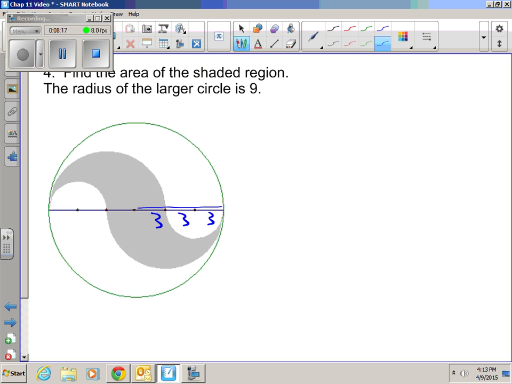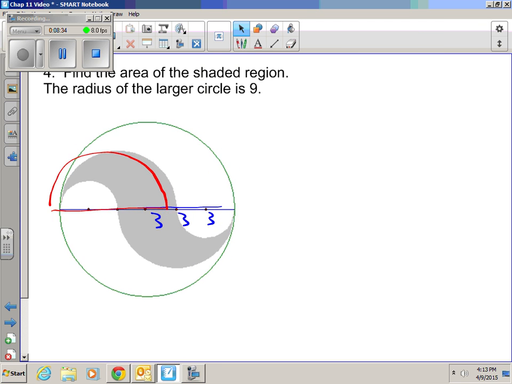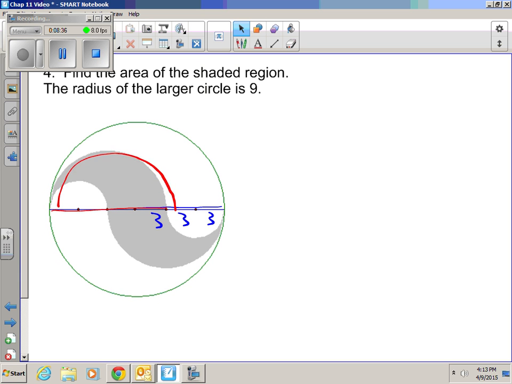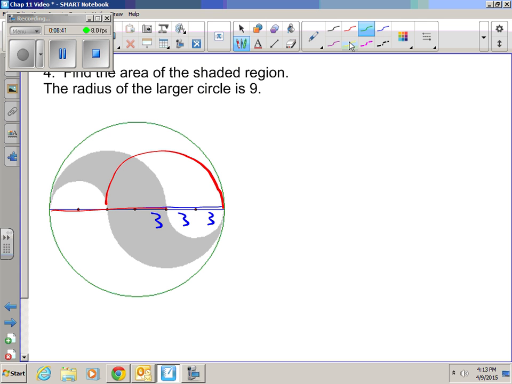If I look here, I notice I have a half circle, and I can actually move this shaded region. And do you see that what I have here, in essence, is a medium-sized circle.